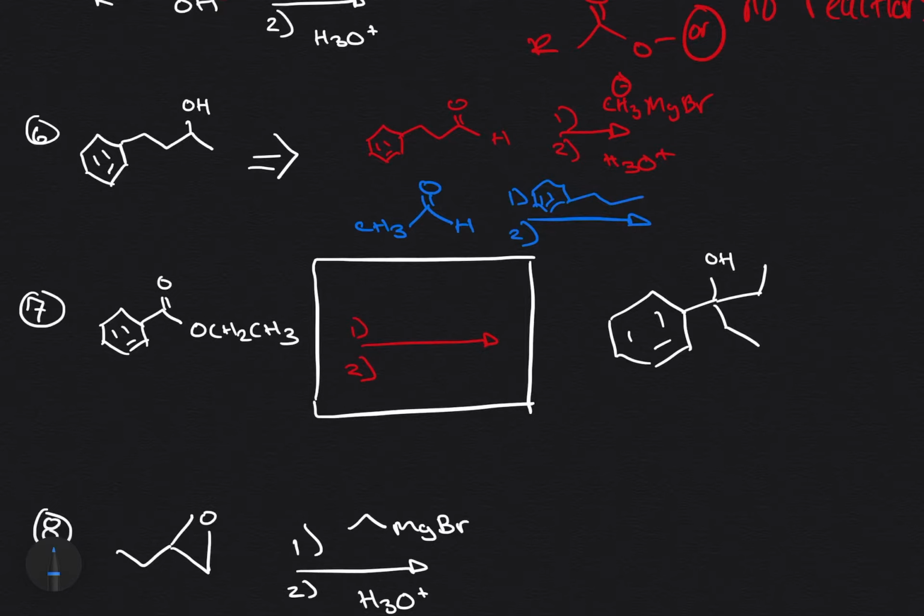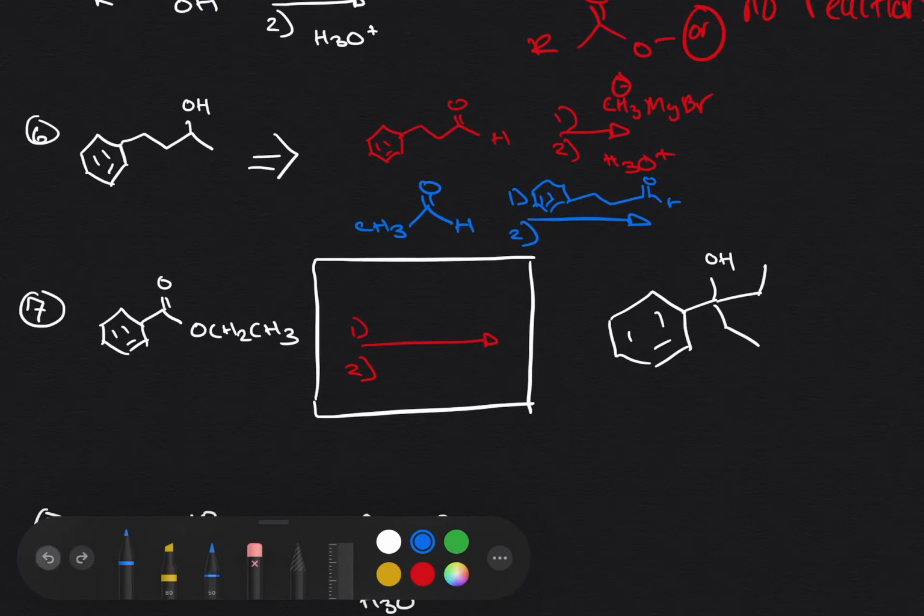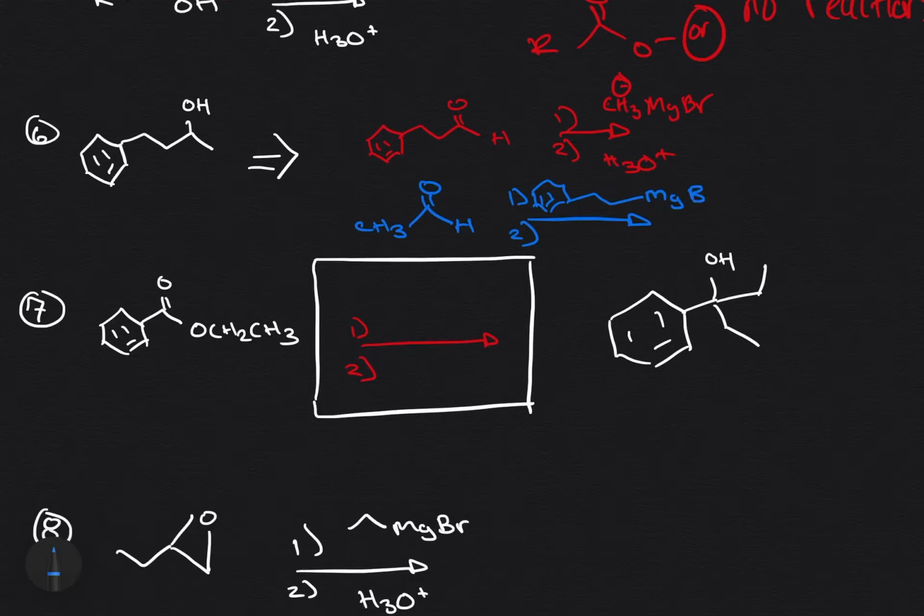I'm trying to make sure I've got all the right carbons here. Obviously, there's not going to be a carbonyl on your Grignard, but there we go. 1, 2, 1, 2. Yeah, that's right. And do that with dilute acid as well.